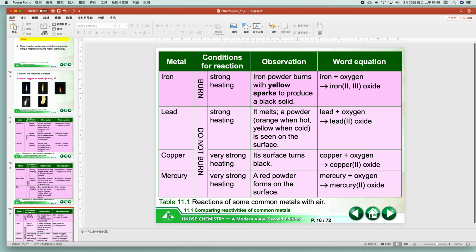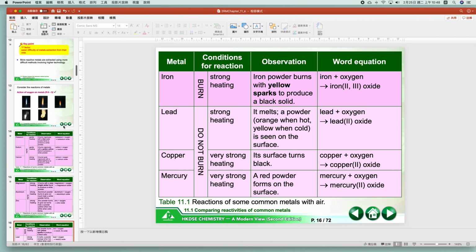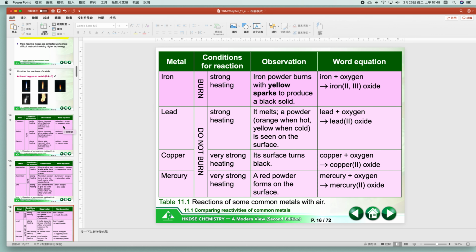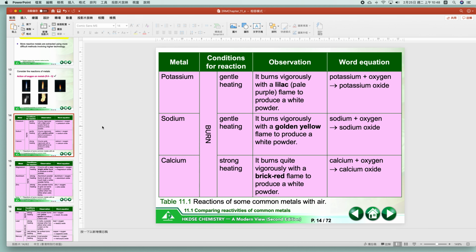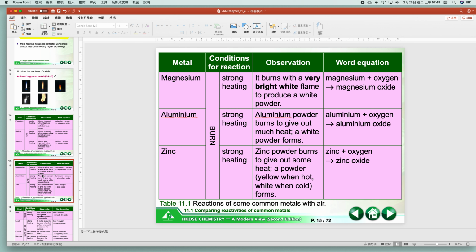In the third thing, if you refer to this table, you can see that, for example, the reactive metals burn when they are heated on the Bunsen flame. And even the less reactive metals also burn when they are heated on the Bunsen flame.